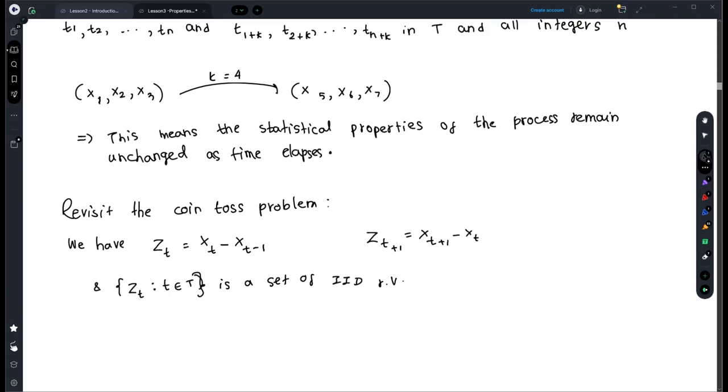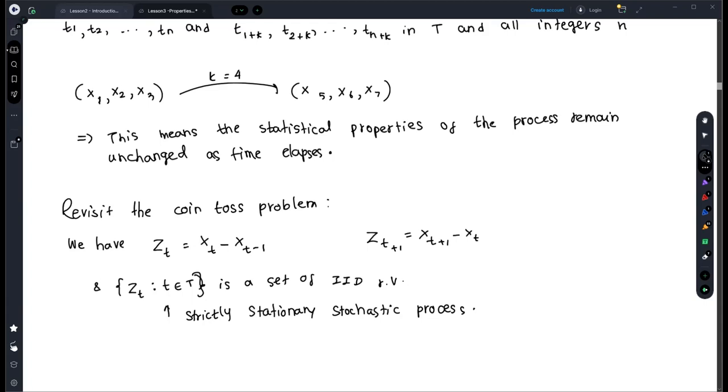So in such a situation, this is a strictly stationary stochastic process, okay? Because always the increment will be either 1 or 0. The probability will be 50-50, right?